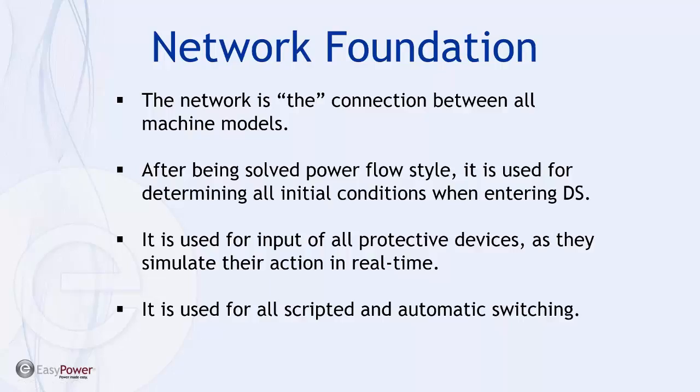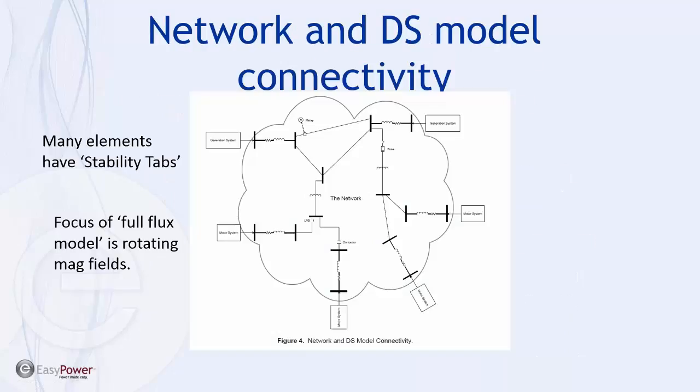So the network is used for all inputs, and as the protective devices reside in the network, the input from the models will be relayed to the protective devices through the network, and then they will simulate their action in real time. And as you'd expect, it's also used for scripted and automatic switching, which we will get into briefly.